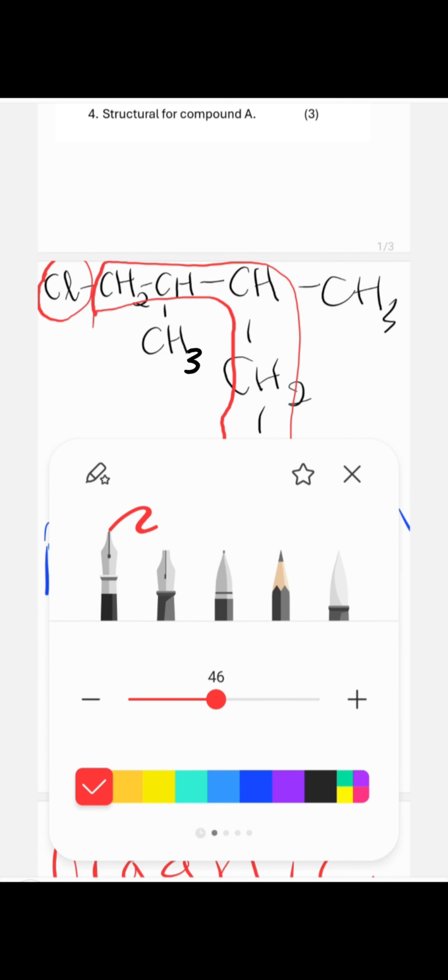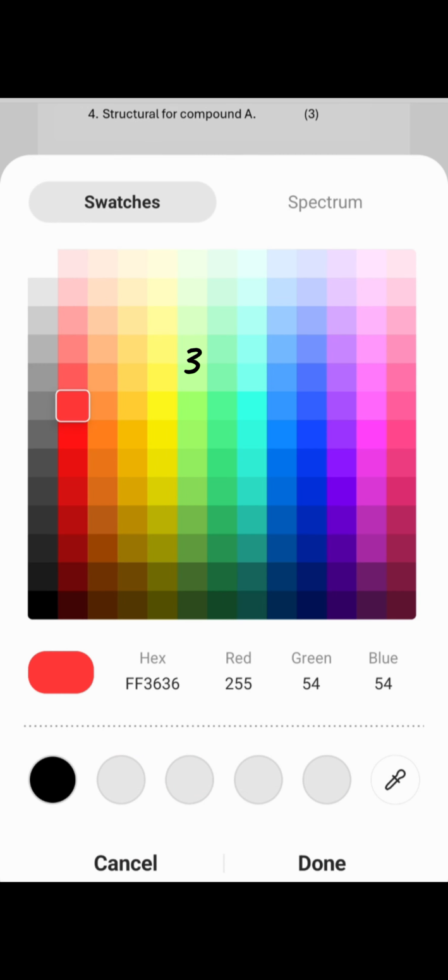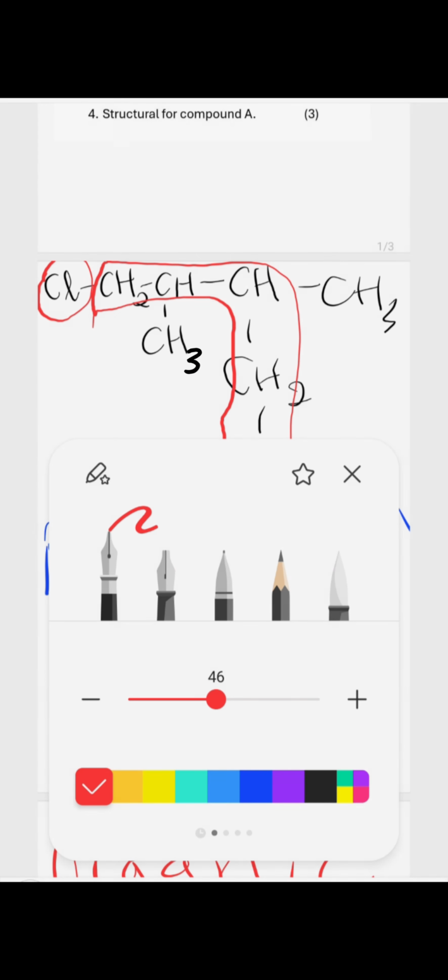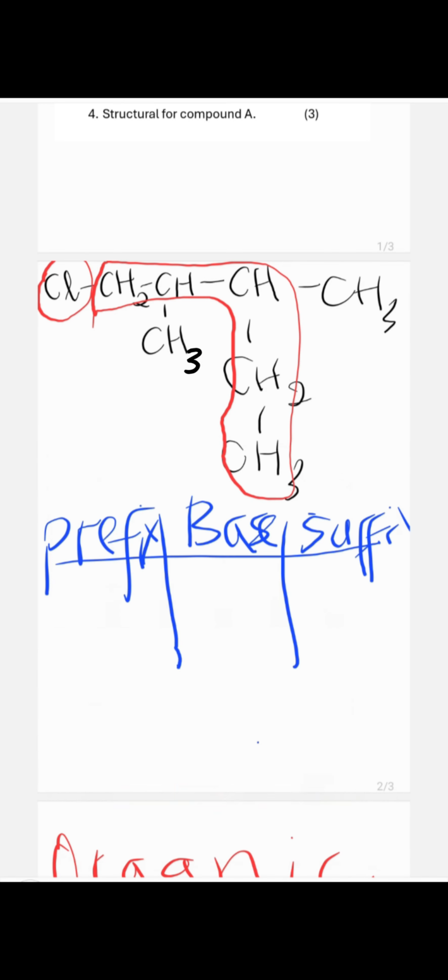Perhaps let us change color here. We are going to have this as our carbon 1, this will be our carbon 2, this will be our carbon 3, our carbon 4, and this one our carbon 5. So that is how we're going to name the carbons.